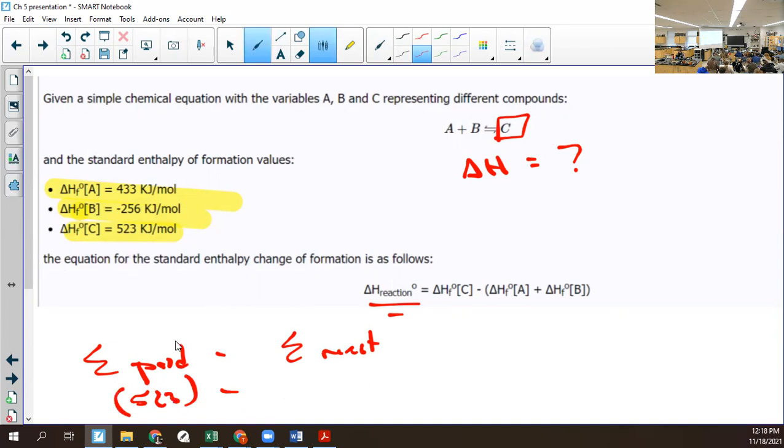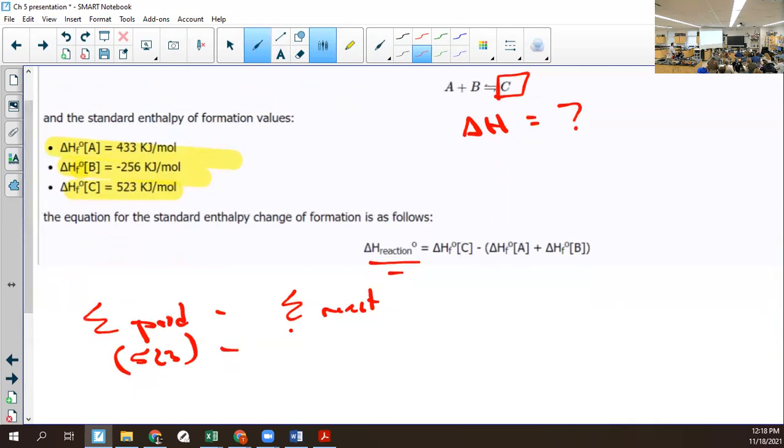And I'm going to subtract the sum of the other two, which are the reactants. A is 433 plus negative 256. Now, if you feel like, plus a negative, that's dumb, that's just minus. That's fine. I don't care.